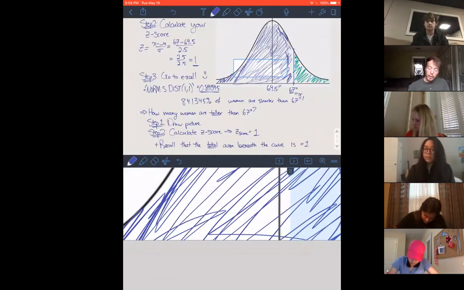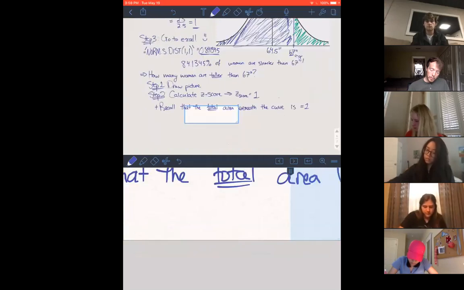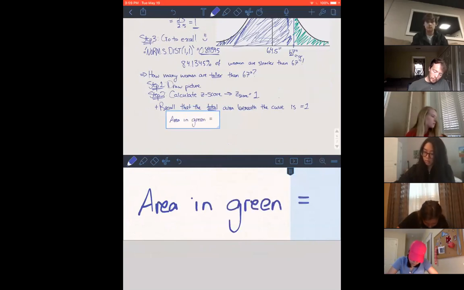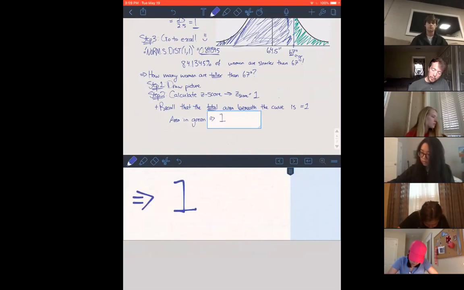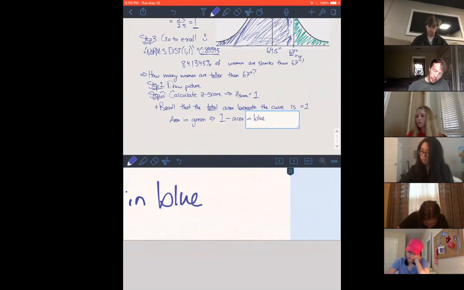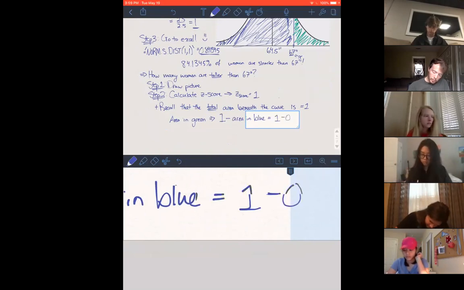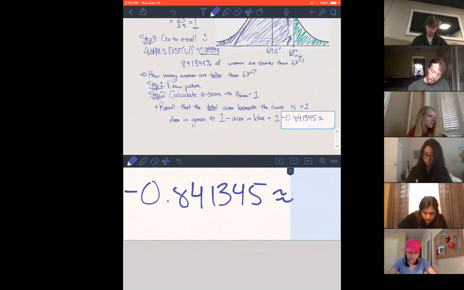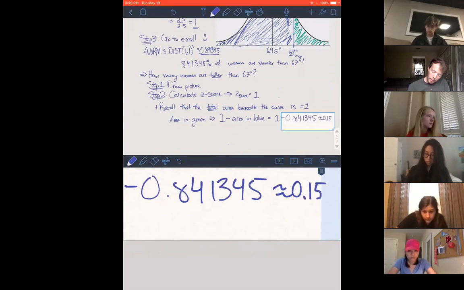If we wanted the area in the green here, it would just be equal to the total area, which is 1, minus the area in blue, which is just equal to 1 minus 0.841345, which I think is approximately 0.158.